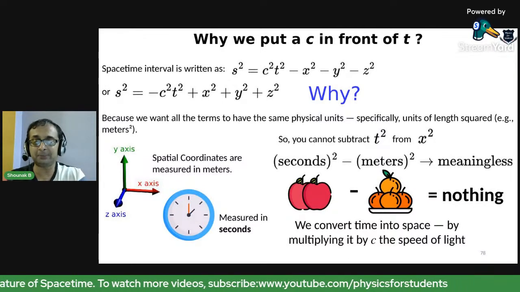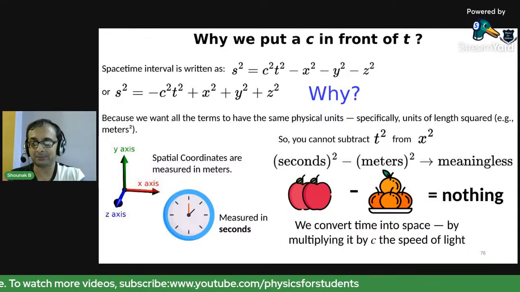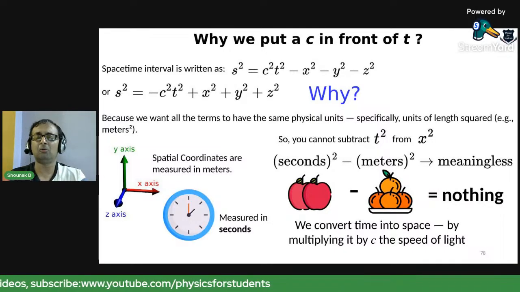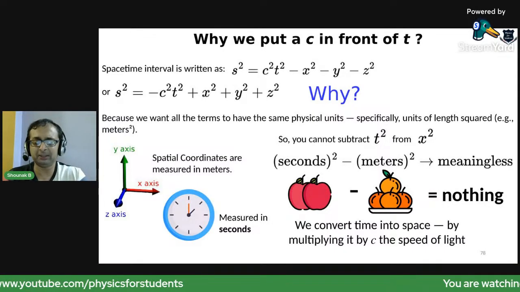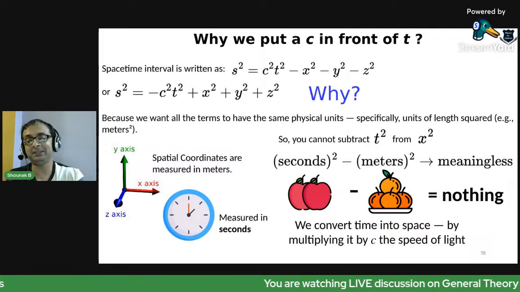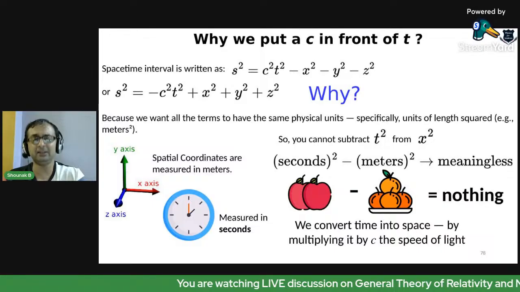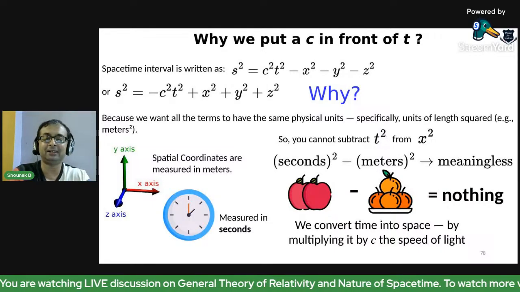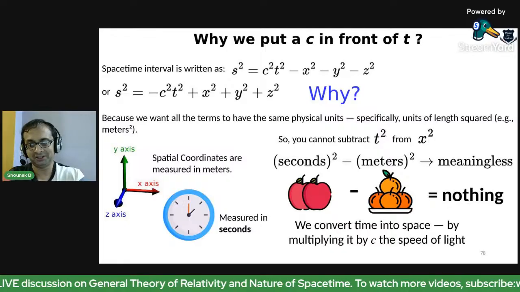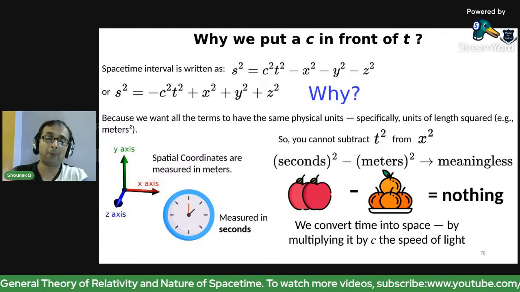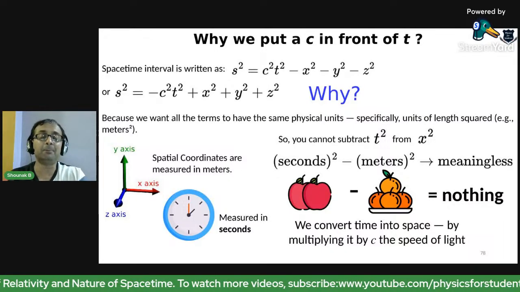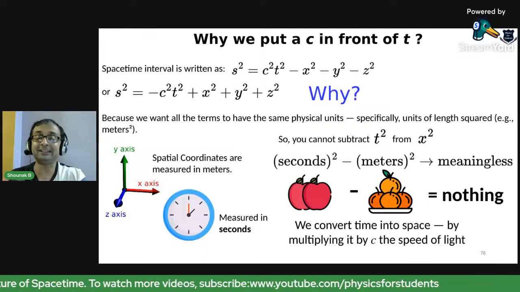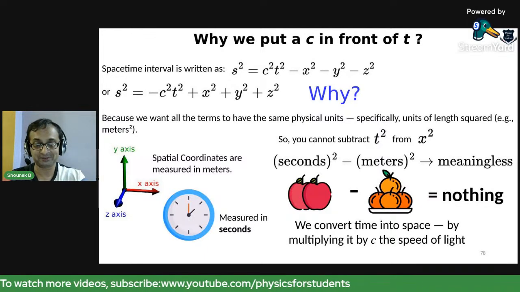So if I subtract t squared from x squared, what would it be? I'm coming to your question, Vikramjit. Second squared minus meter squared, what does it mean? Nothing. Meaningless. Nonsense. It is like subtracting apples from oranges, which means nothing.